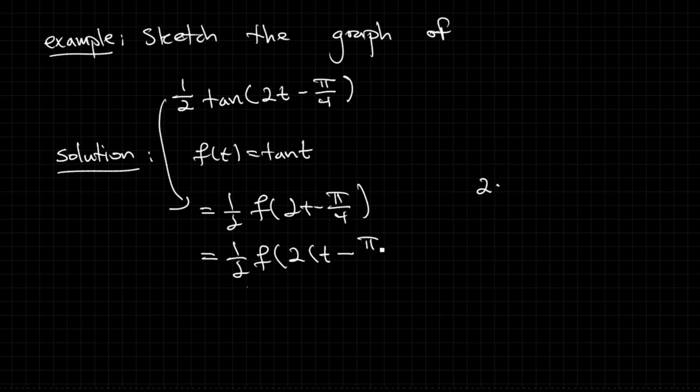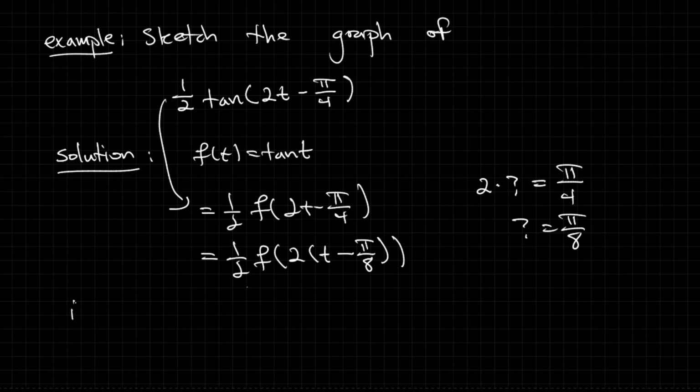So I would write a question mark there and say 2 times what is pi over 4, and then you can divide both sides by 2 and you find that should be pi over 8. And so this is equal to pi over 8. So that will set up our identifying the horizontal transformations later.